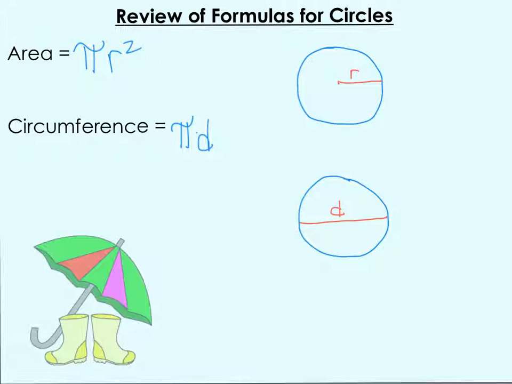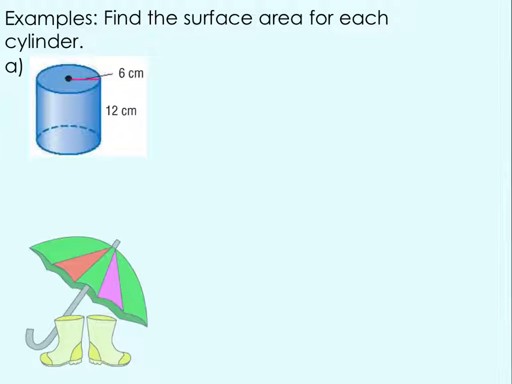So we're going to practice that here in a little bit as we take a look at our examples. So taking a look at this first one, hopefully you're identifying this one as a cylinder. So we're going to be finding area and circumference of the circles as we plug into our formula. At the top here, I'm going to write down the formula so we have it easy to reference. P times H plus 2 times the area of our base.